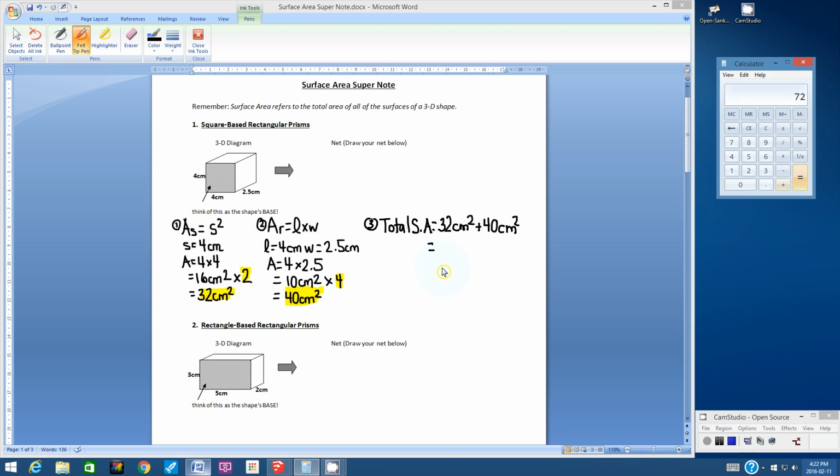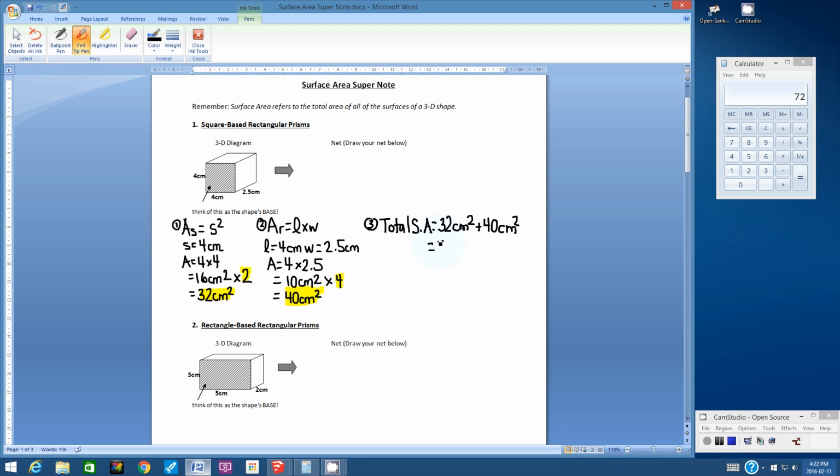So I got a total of 72 centimeters squared. Okay, so let's write a conclusion statement. Therefore, total surface area is 72 centimeters squared.